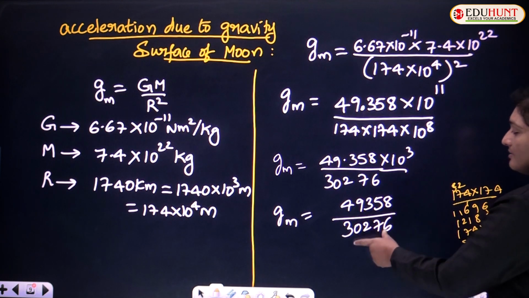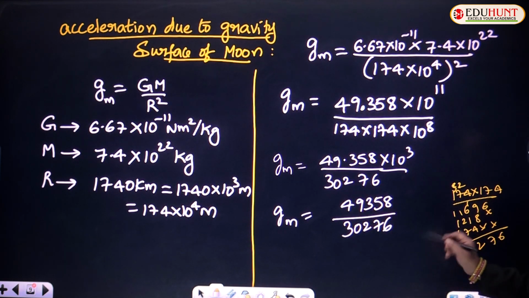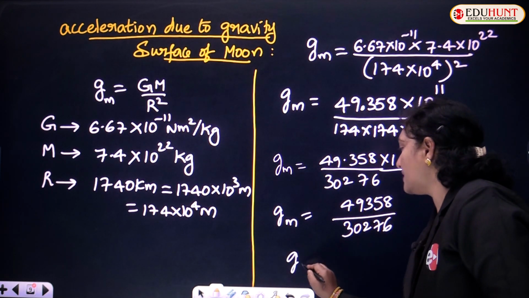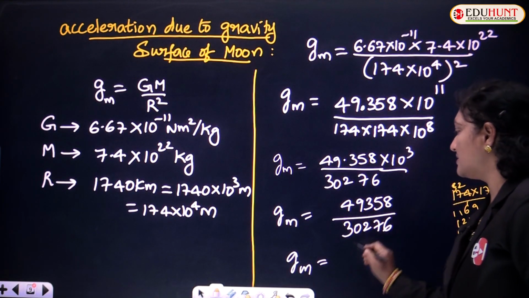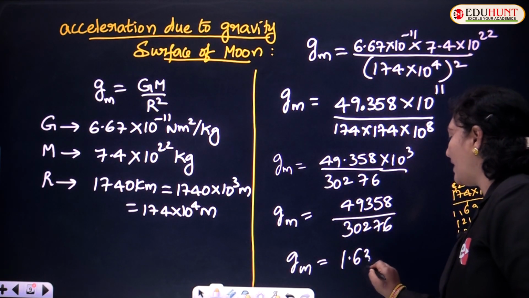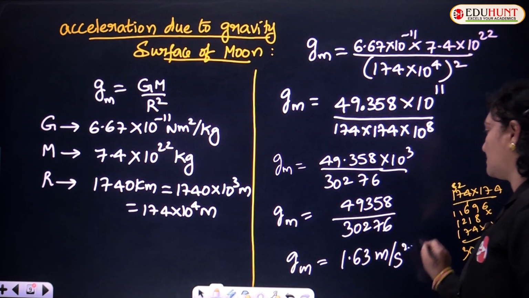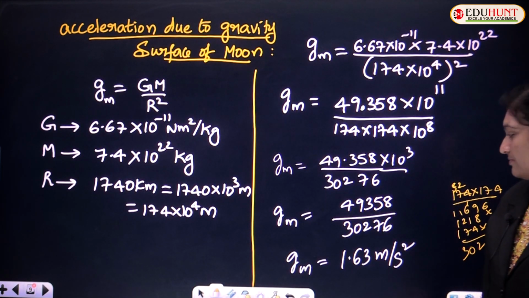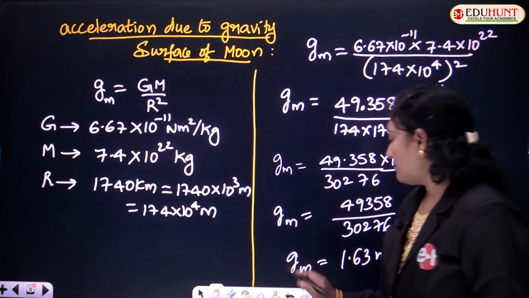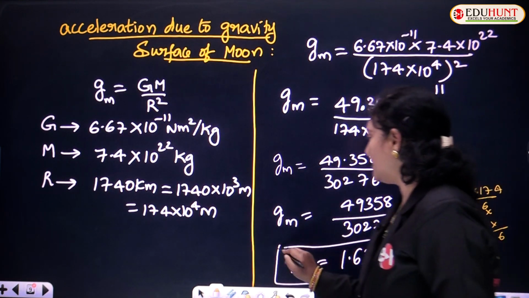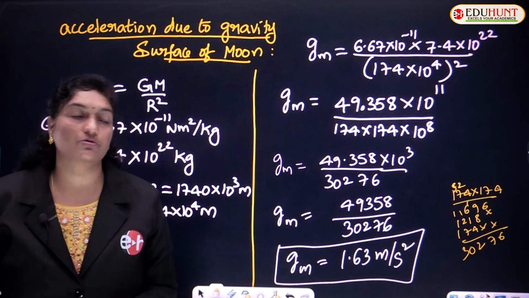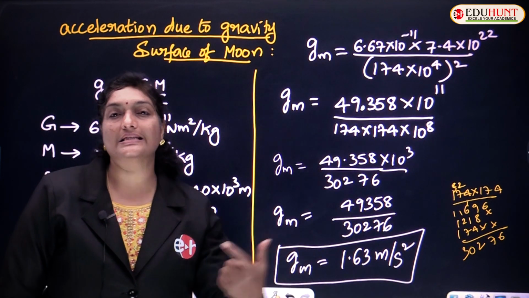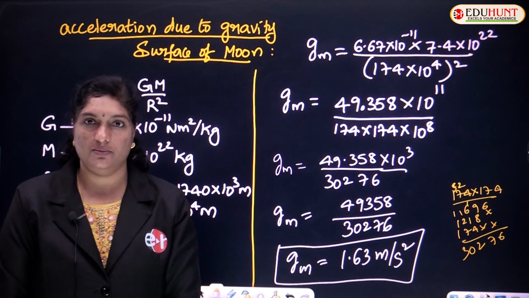If you divide this, it will be 1 point something, and further simplification gives the value of about 1.63 meter per second square. Therefore, the value of acceleration due to gravity on the surface of the moon is approximately 1.63 meter per second square.